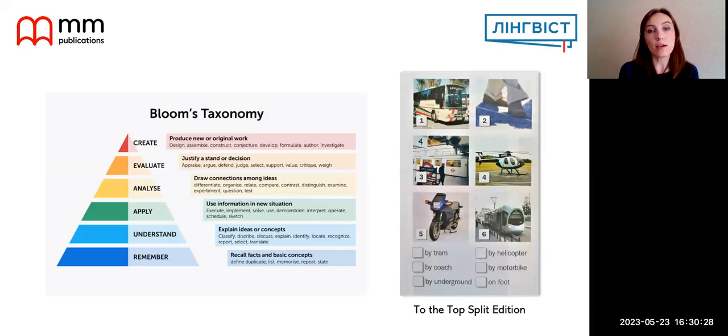Before applying a concept in real life, we must understand it. Before we understand a concept, we must remember the key factors related to it. So the learning stages are remembering, understanding, applying, analyzing, evaluating, and creating.